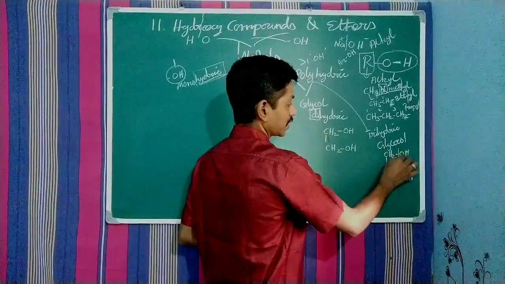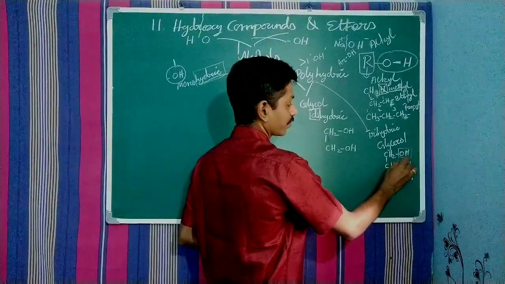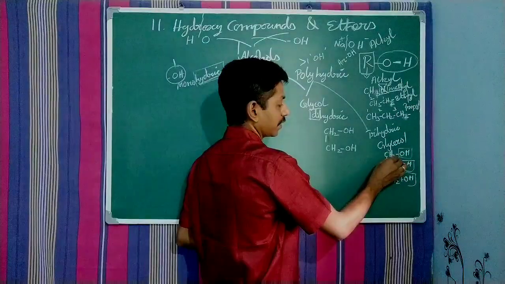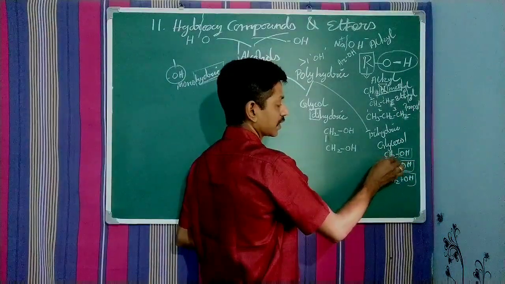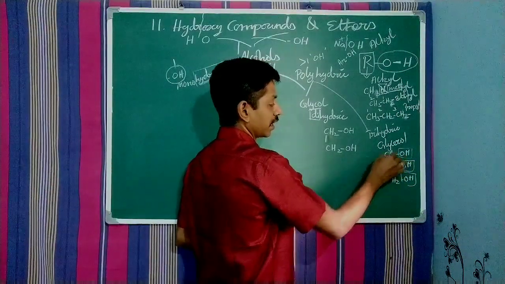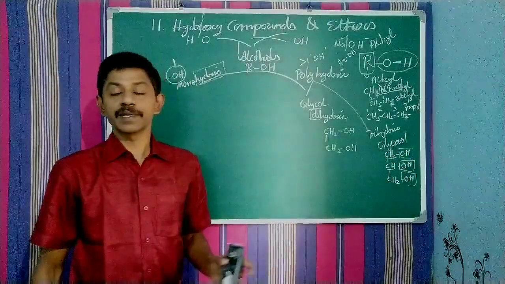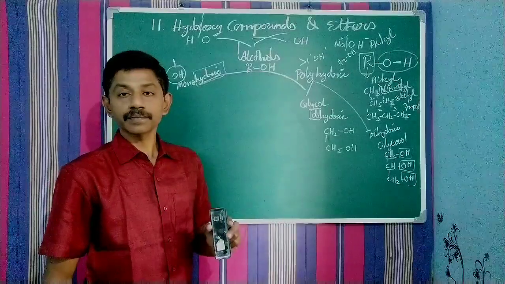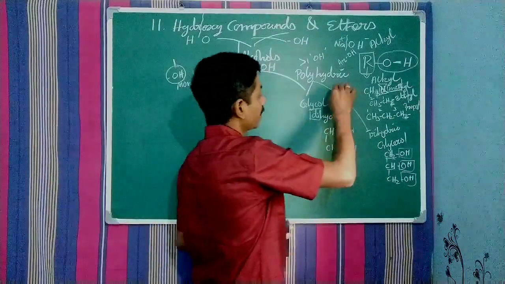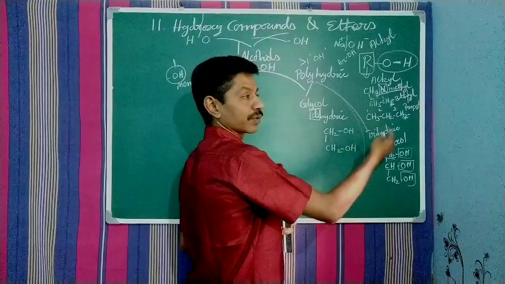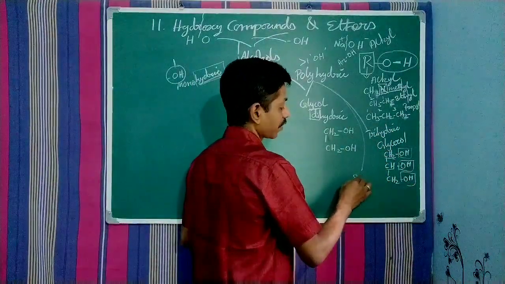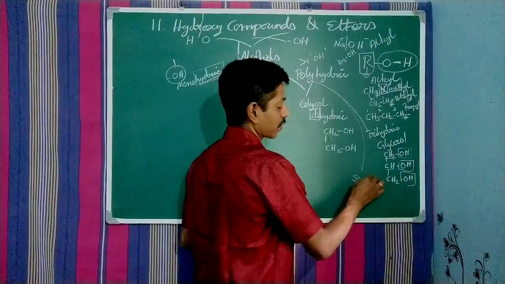If you closely see, 3 OH groups, that is fine, and they have a difference, that is the CH2 group is here and CH here. Then we will be learning about primary alcohol and secondary alcohol in this area. And it can be made tetrahydric, pentahydric and hexahydric. I will give you an example of sorbitol.